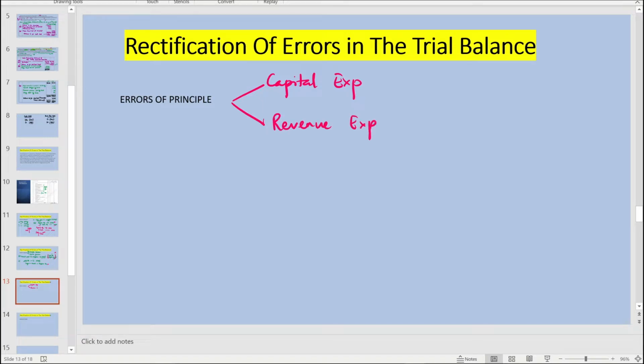The most common type of error is caused when we mix this up. We take revenue expense as capital, or capital as revenue, and then my trial balance would tally, but the principle is wrong. For example, I will give you an example here.